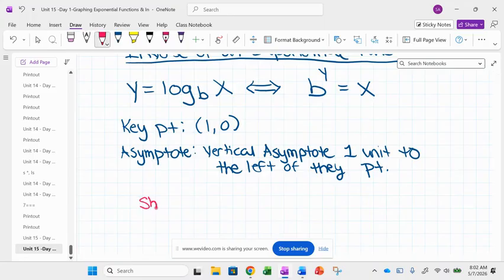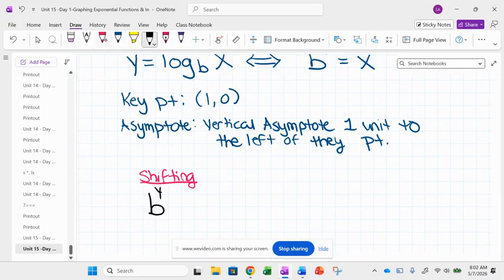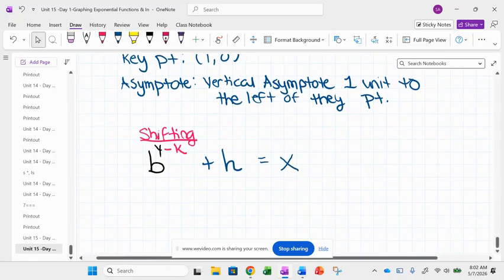And for the shifting, it's going to look like B raised to the Y minus K plus H equals X. And I think we all know H represents what?